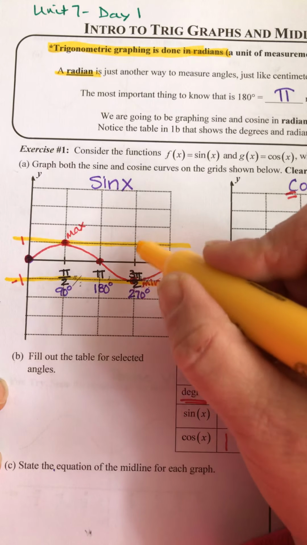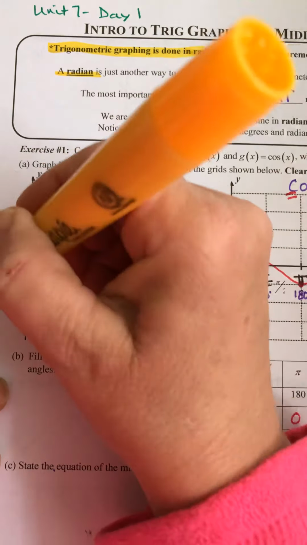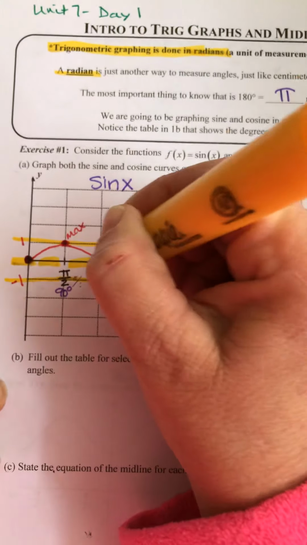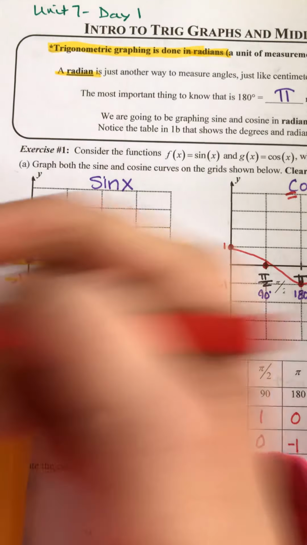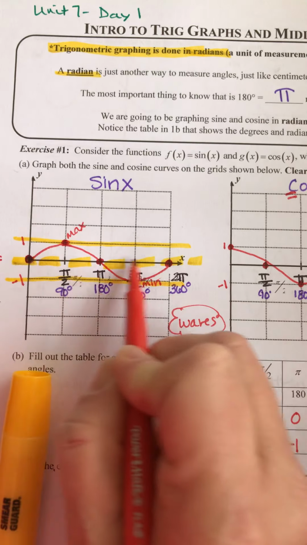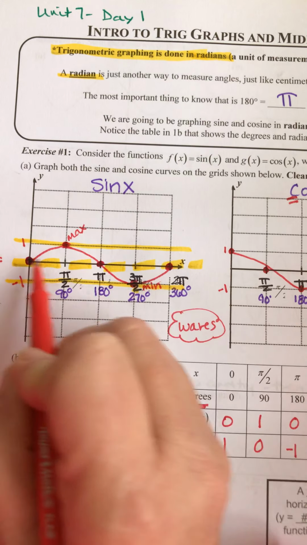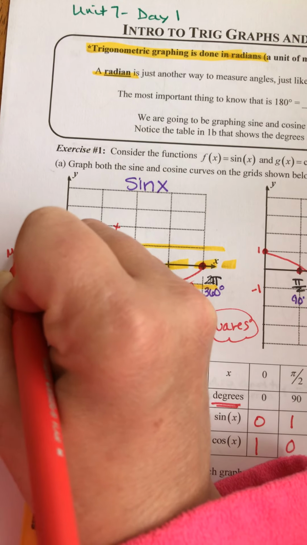So here's what we do. Going from top to bottom, I count 1, 2. So my midline is halfway. 2 divided by 2 is 1. So my midline on this graph is y equals, and the y value for this whole midline, this dotted line here, is 0. So y equals 0 is the midline.